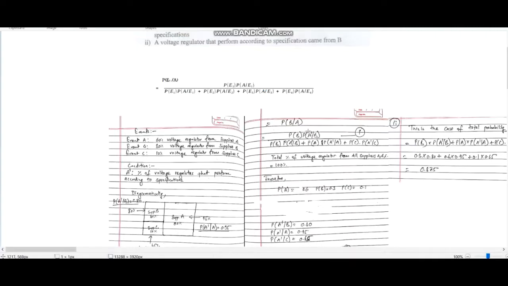Now we are going for the conditional probability part. In the conditional probability part, we can see the condition. We have to find the probability of this condition under the given event.